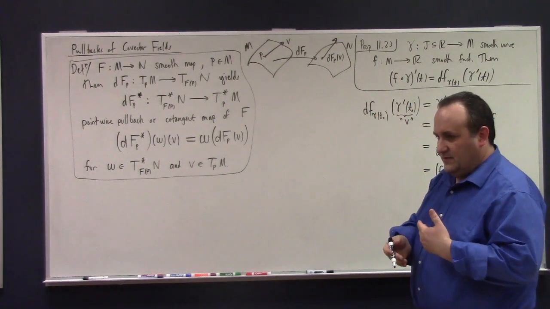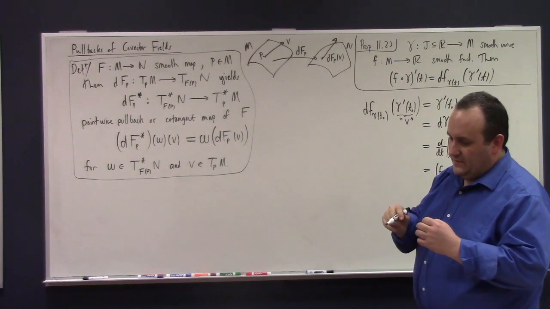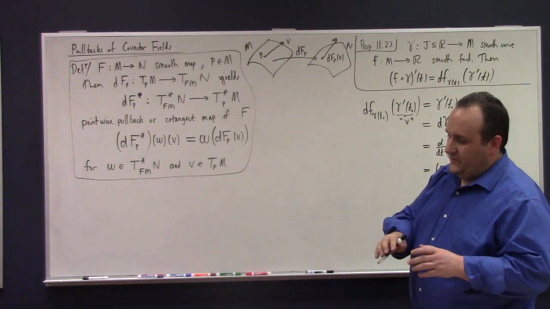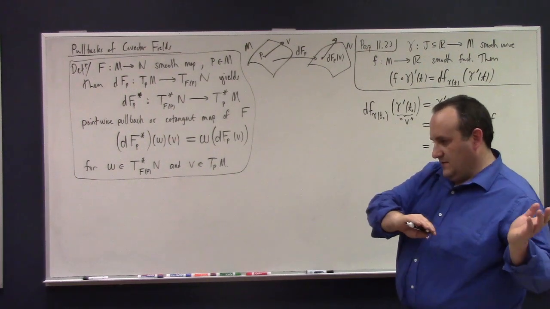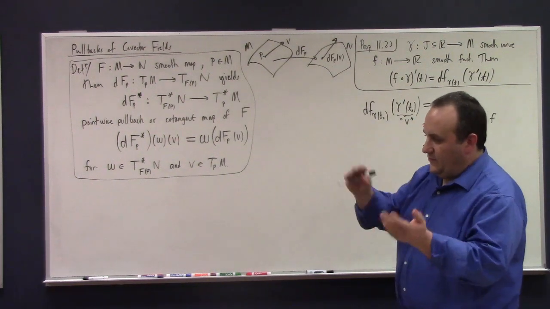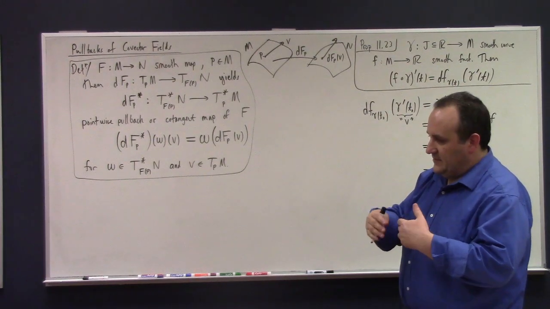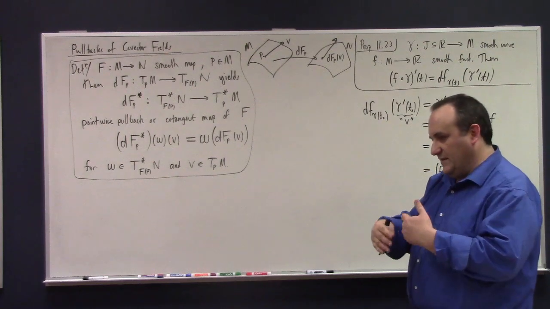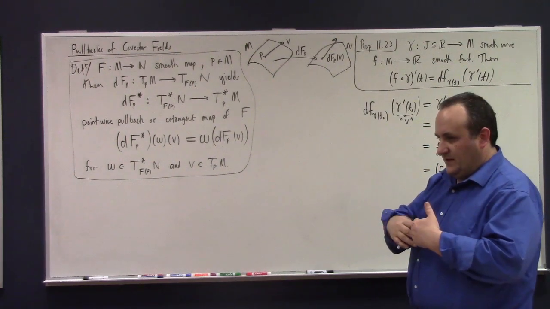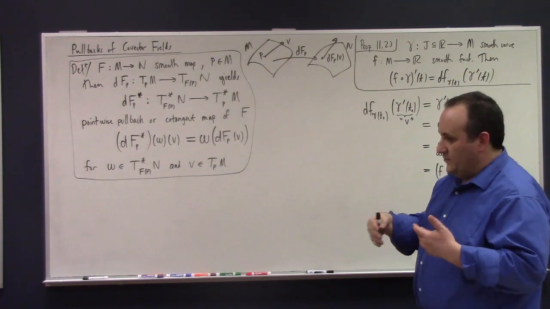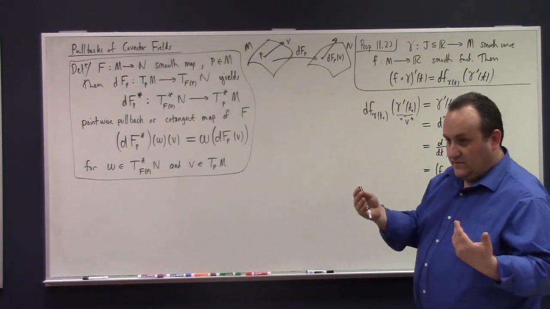For example, if you push forward partial x into polar coordinates, what you'll find is partial x expressed in terms of derivatives with respect to r and theta. So there's a way of understanding the push forward in terms of just coordinate change.